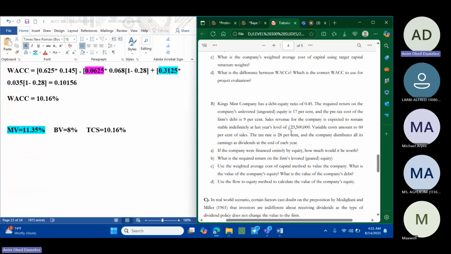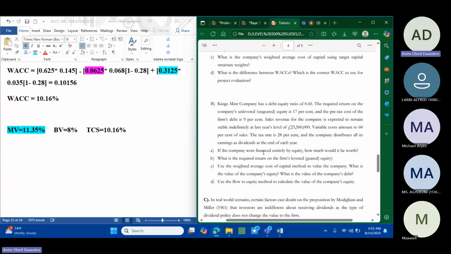Variable cost amounts to 60% of sales. The tax rate is 28%. The company distributes its earnings as dividends at the end of each year. If the company were financed by equity, how much would it be worth?